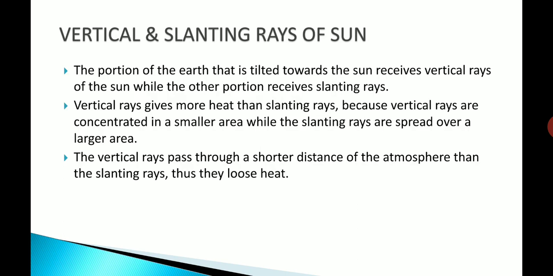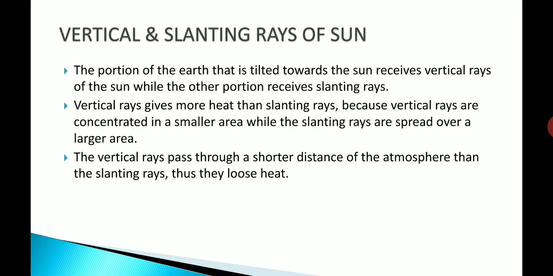Vertical rays or the direct rays give more heat as compared to slanting rays because vertical rays are concentrated or focused on a smaller area while the slanting rays are spread over a larger area.